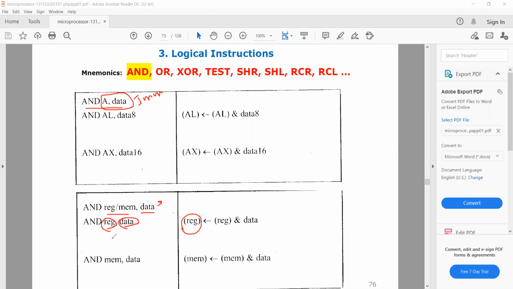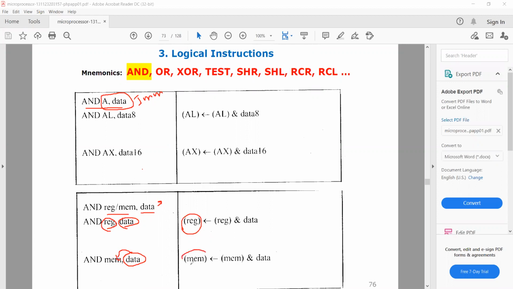Similarly, this instruction specifies that the data given in the instruction will be ANDed with the data present in a memory location, and the result will be stored in the memory location itself.